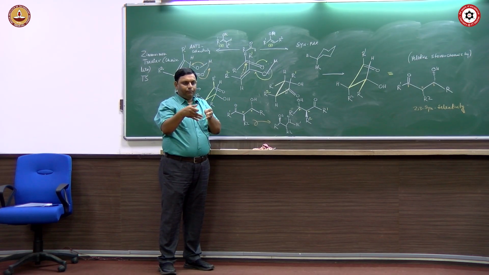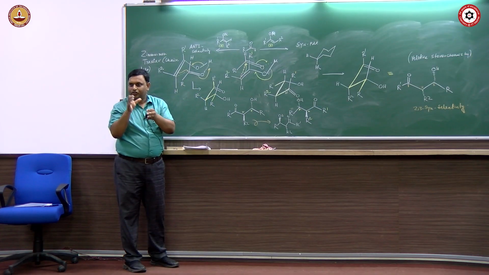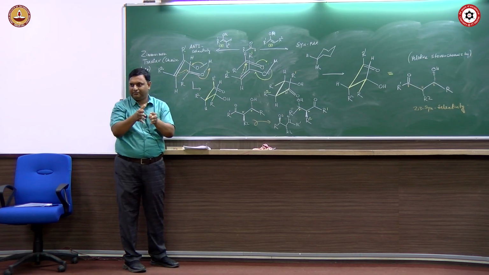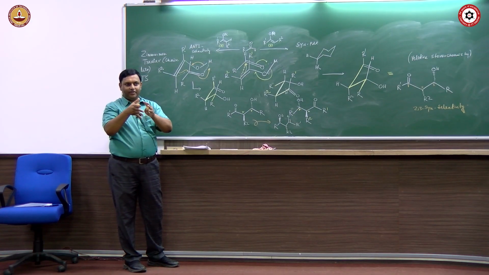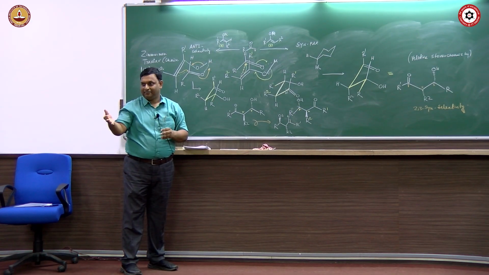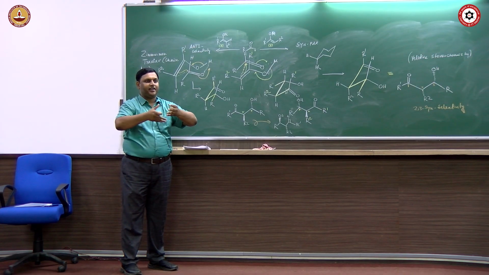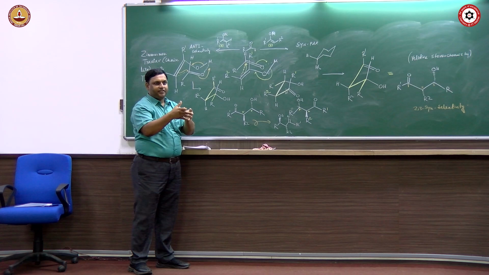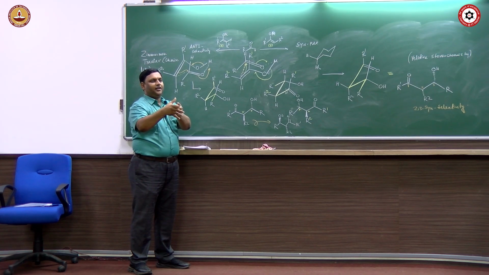If that bond is very close or shorter, the transition state will be more tight. With a more tight transition state, you expect higher selectivity. If the transition state is loose, axial and equatorial positions will try to change. But if it is a tight transition state, once it's formed, it's fixed, it can't move.